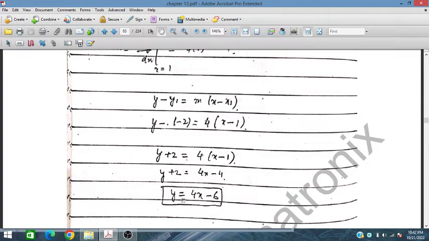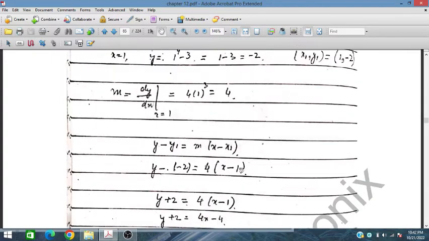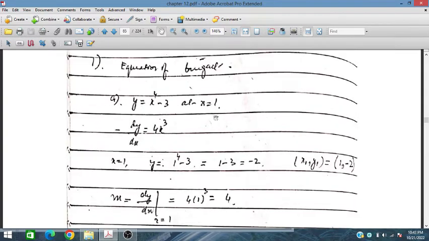Similarly, y is equal to 4x minus 6. This is the equation of the tangent with this gradient on this curve at this point.